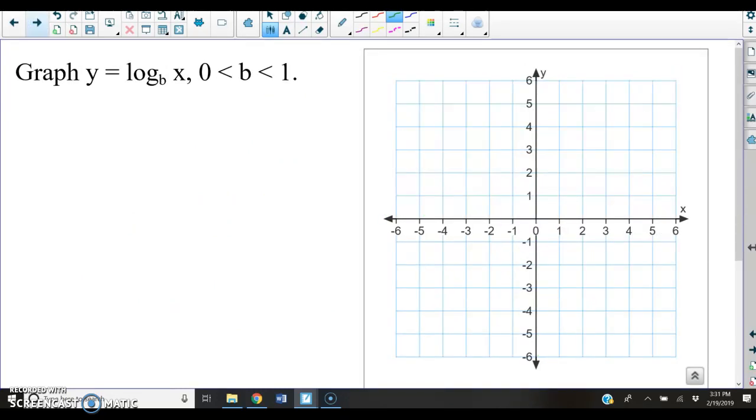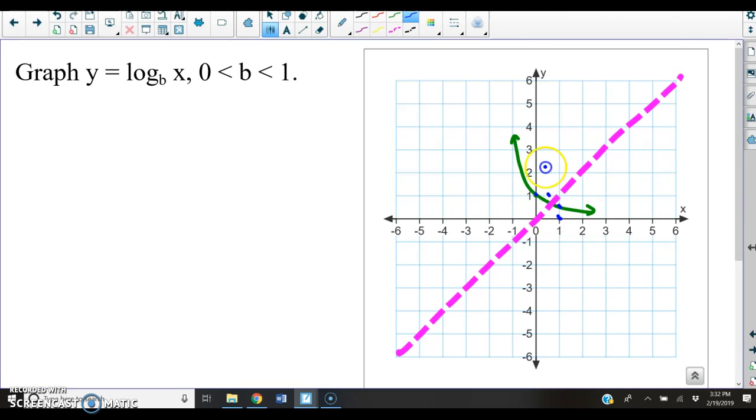If your base is a fraction, then it's going to reflect the exponential decay. And that gets a little tricky too, because you got to remember how that works again. Okay? So when you reflect it, I want a different color. So this is reflected here. This is reflected here.